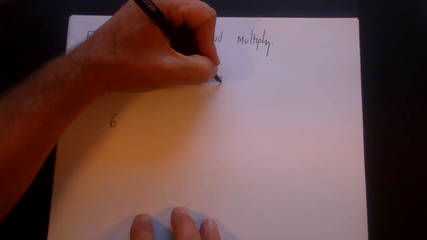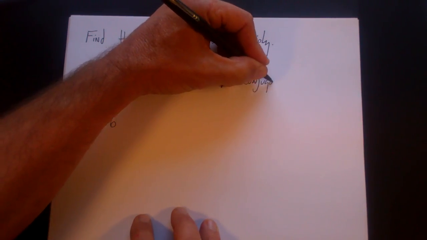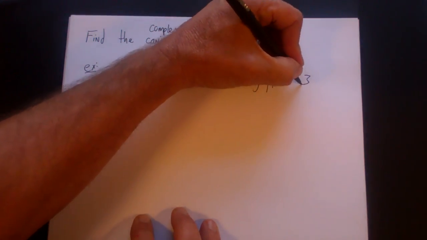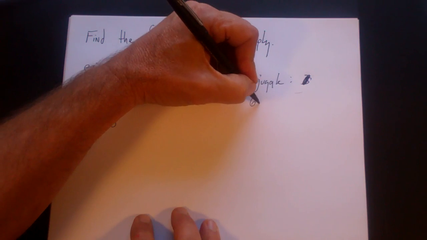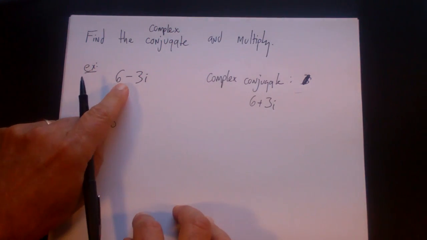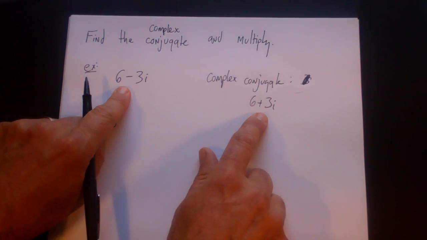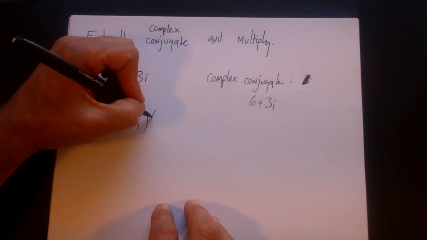So if you have 6 minus 3i, the complex conjugate is 6 plus 3i. Now watch what happens when we multiply these two together.